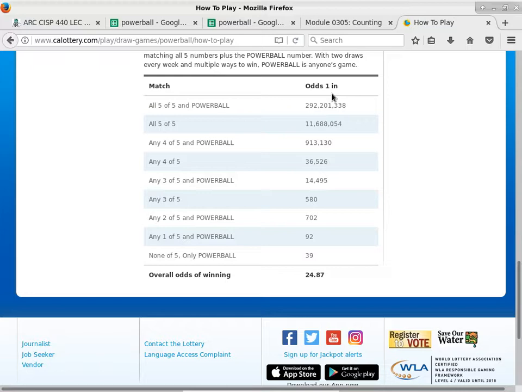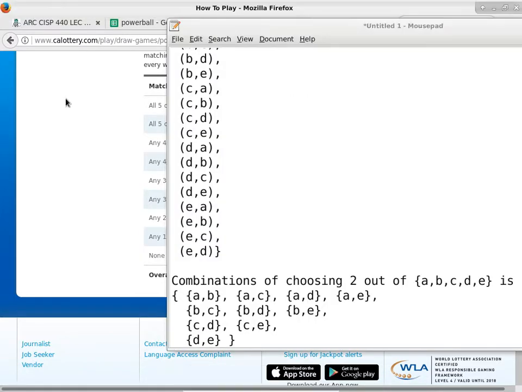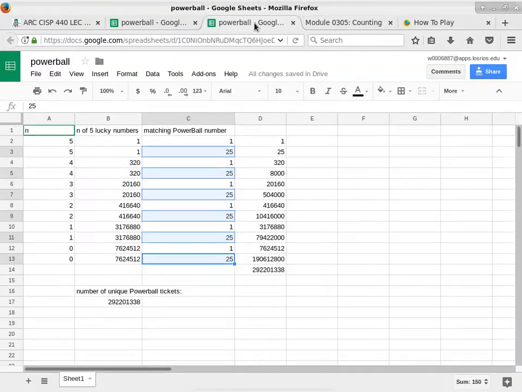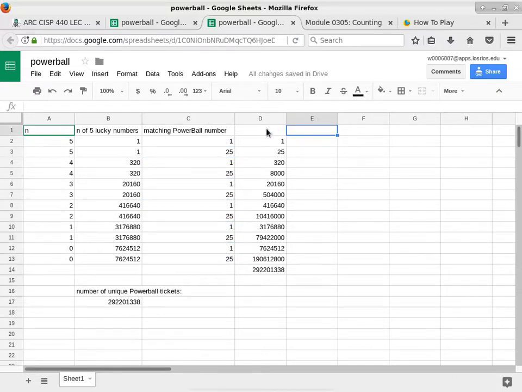Well, these are all expressed in 1 in odds, which means if you want to convert the number that we already have in the spreadsheet into 1 in. Okay, so how do we convert it into 1 in? Okay, 1 in. How does it relate to this?